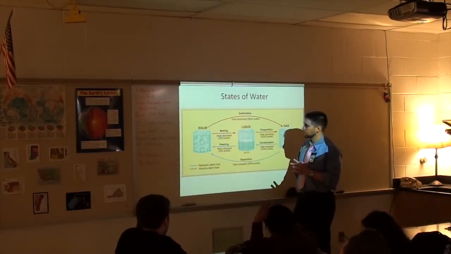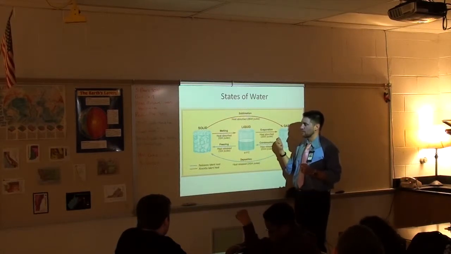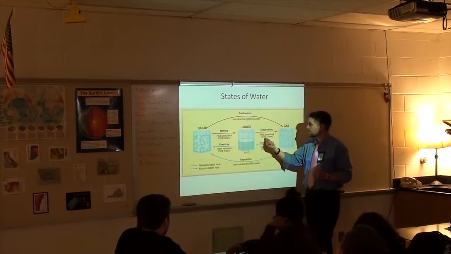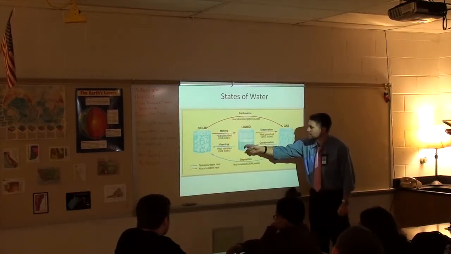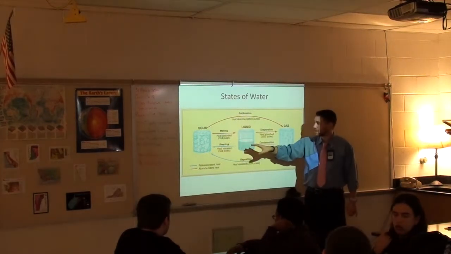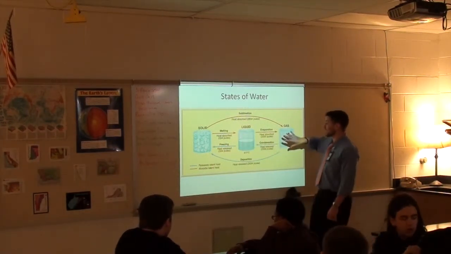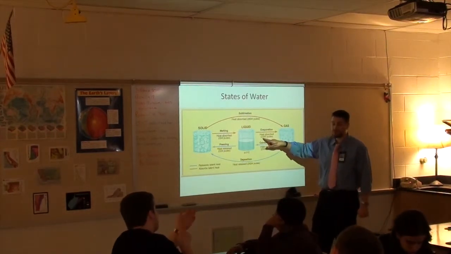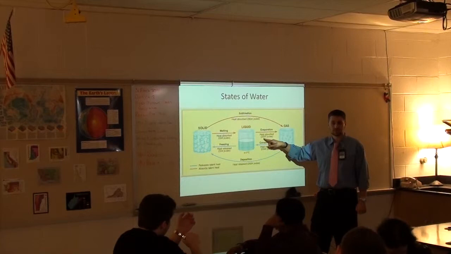Okay, no big deal. But what do you have to do to get it to evaporate? Same amount? Nope. According to the chart, it's not. I mean, look at this. To make that ice go to a liquid, 334 joules. To make that new liquid now go to gas, starting from where it was, 2,500 joules.